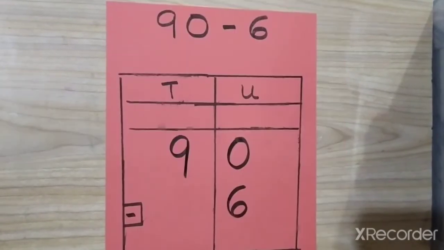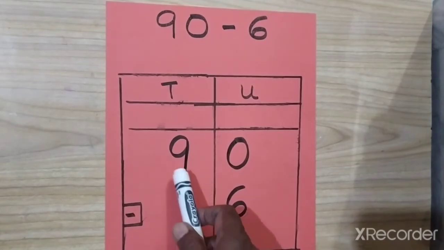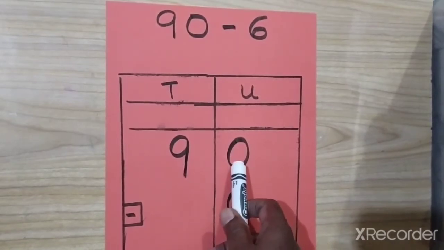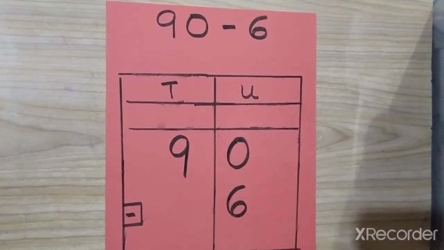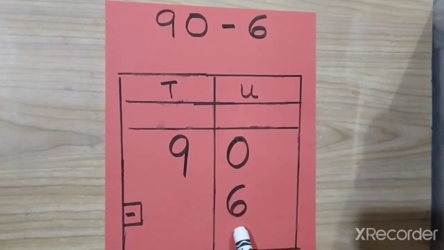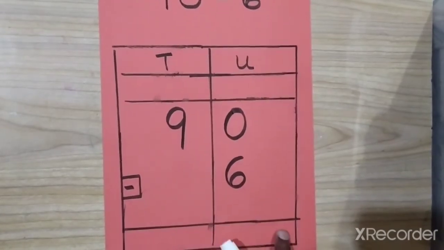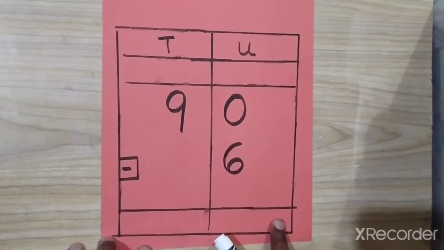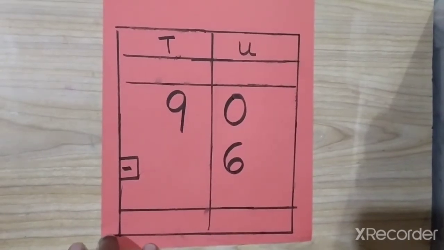Let's move on to the next example. Here we have 90 minus 6. As you can see, I have written 90, 9 tens, 0 units, and 6 is a single number, so I have put it in units place. So 90 minus 6, let's start with the units place. 0 minus 6. 0 means nothing.